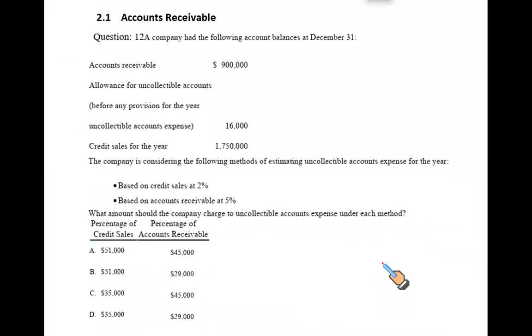So let us now try to apply both methods simultaneously on a single set of data. A company had the following account balances at December 31st. Account receivables, $900,000. Allowance for uncollectible accounts before any provision for the year's uncollectible account expense is 16. This is the already available balance of allowance.